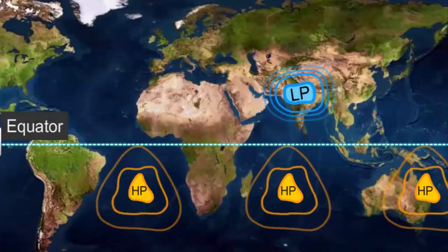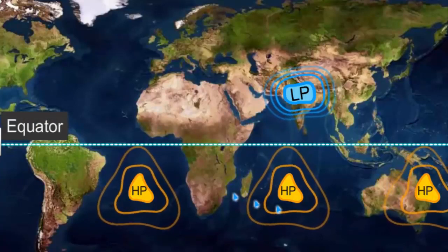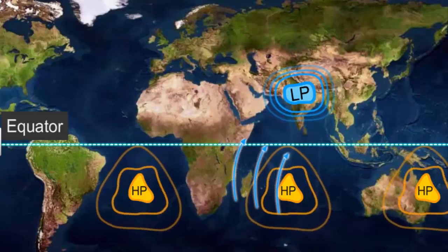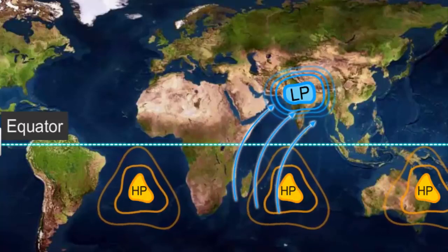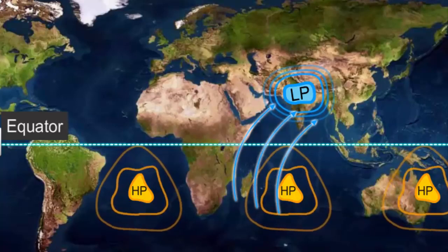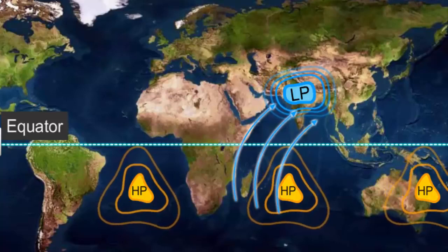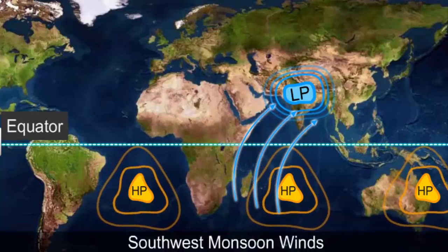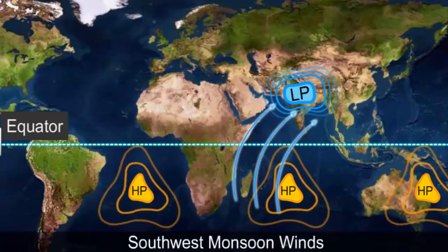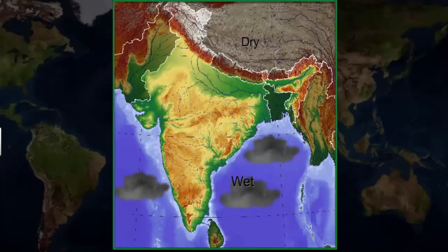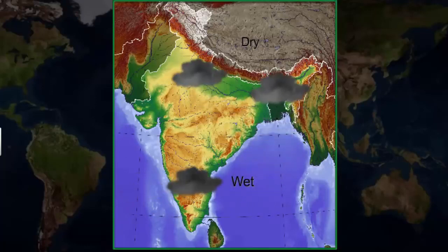Winds move from the high-pressure area over the southern Indian Ocean, cross the equator and turn right towards the low-pressure areas over the Indian subcontinent. These winds are known as the southwest monsoon winds. As they blow over the warm oceans, they gather moisture and bring widespread rainfall over the mainland of India.